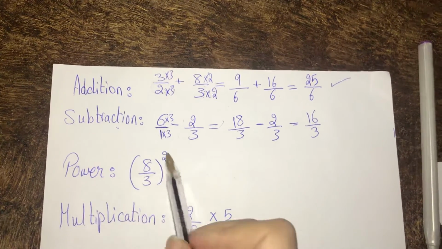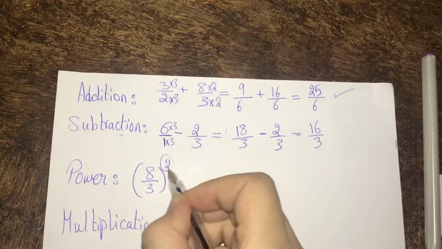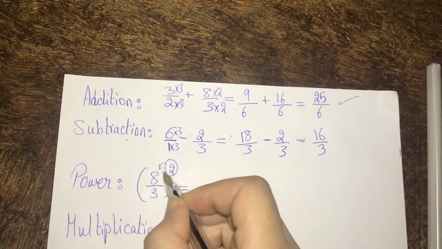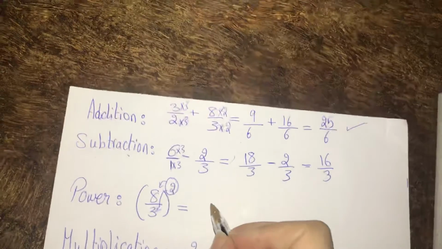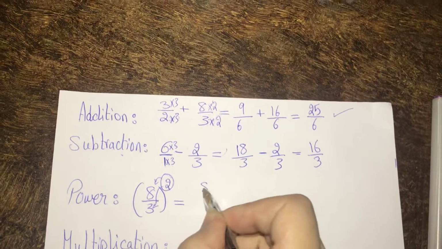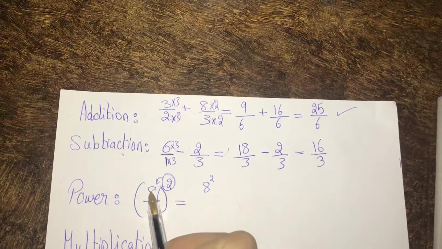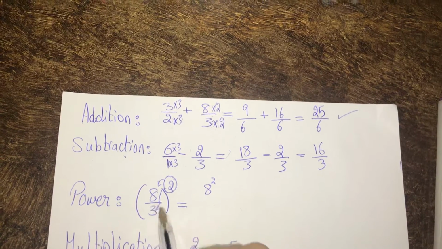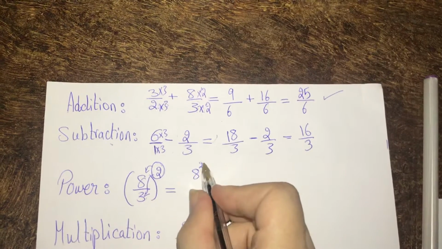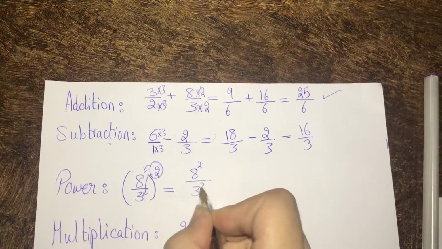In power you have to distribute the 2 to 8 and 3, so the result gives 8 squared over 3 squared.